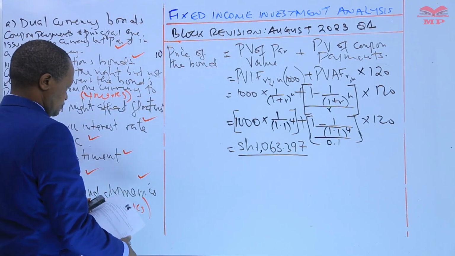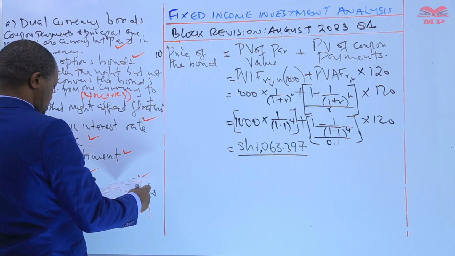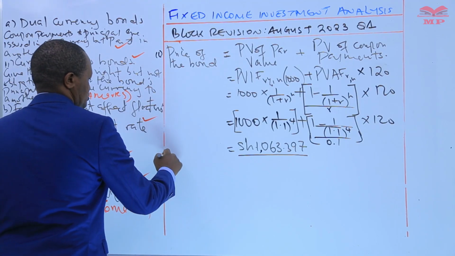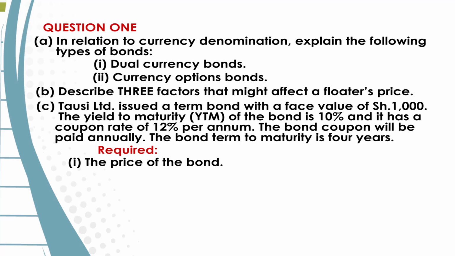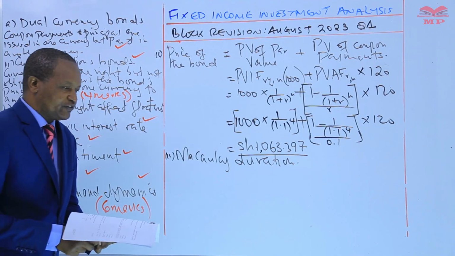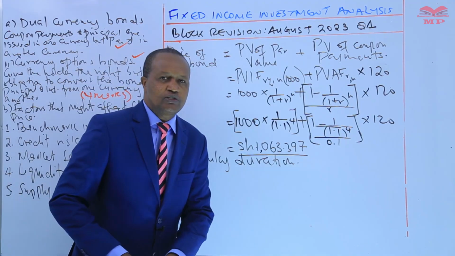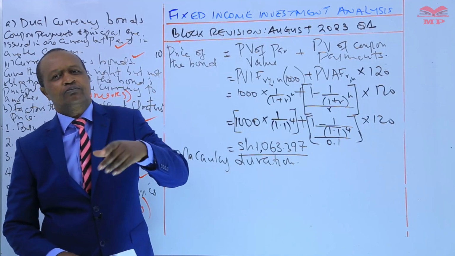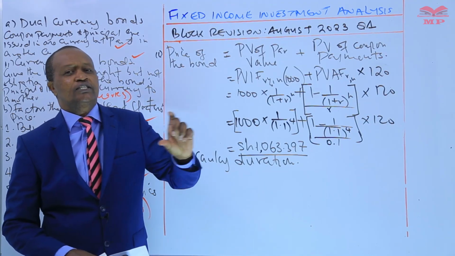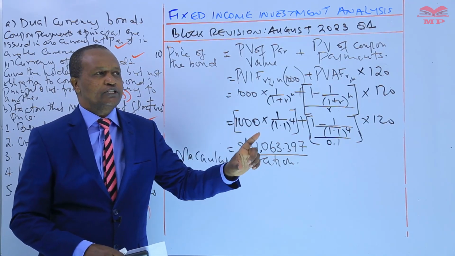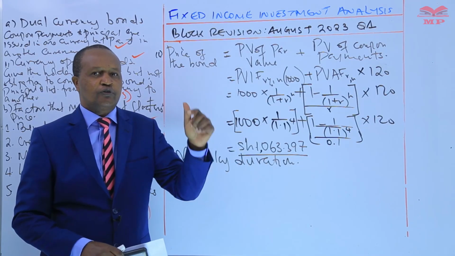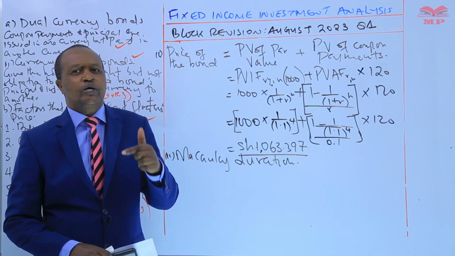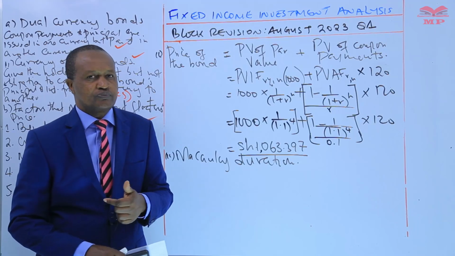This is Roman 1, C. Roman 1, C. Roman 2, you are to calculate the Macaulay duration. Now, candidates, Macaulay duration is a concept that is used in fixed income investing to measure the average time it takes to receive all the cash flows, both the principal and the coupon payments from a bond, which is weighted by their present value.